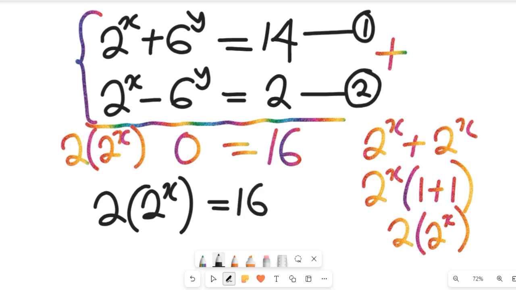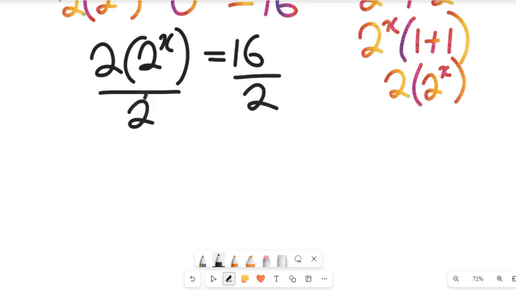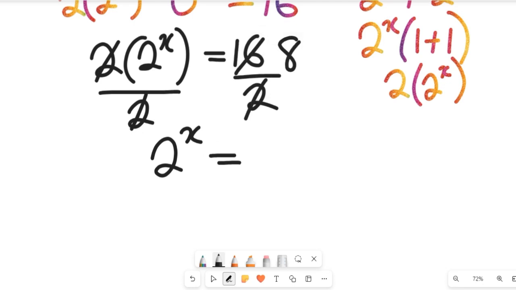Now let's simplify this by dividing both sides by 2. You'll come to see that 2 clears 2, and then 2 to the power of x is equal to 8.